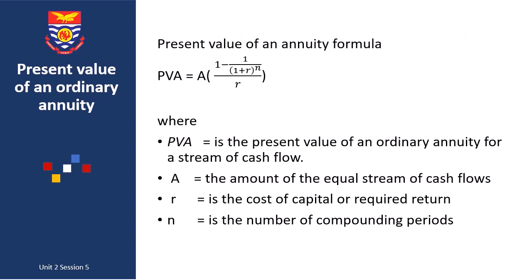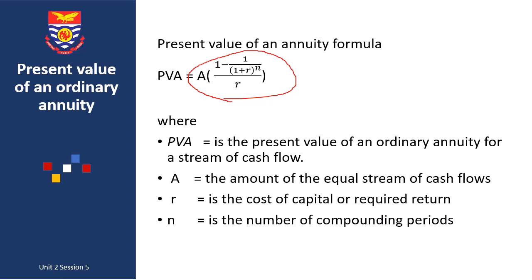So how do we calculate the present value of an annuity? We've been using it and I'm sure you are familiar with it now. This is the formula, the present value of an annuity. A multiplying by 1 minus 1 over 1 plus r exponent n is the discounting factor.